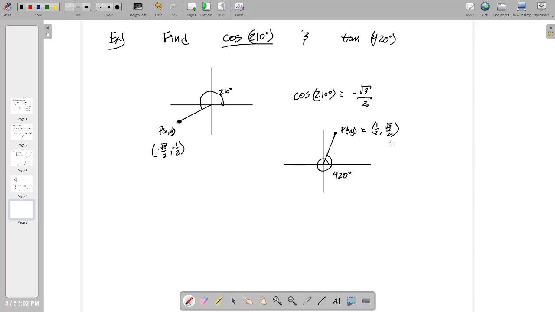So tangent of 420 would be root 3 over 2 divided by 1/2. And we flip and multiply the denominator. The 2's will cancel, and we're left with just square root 3. So this would be the answer for tangent of 420.